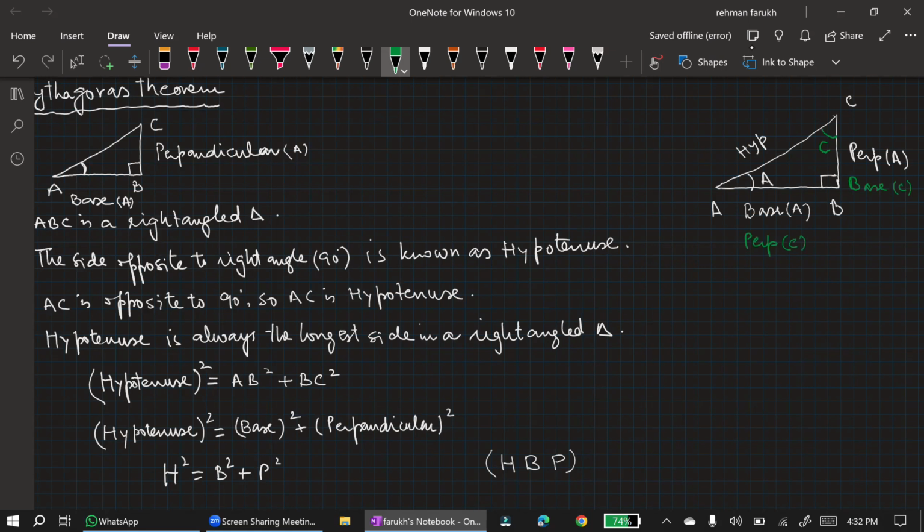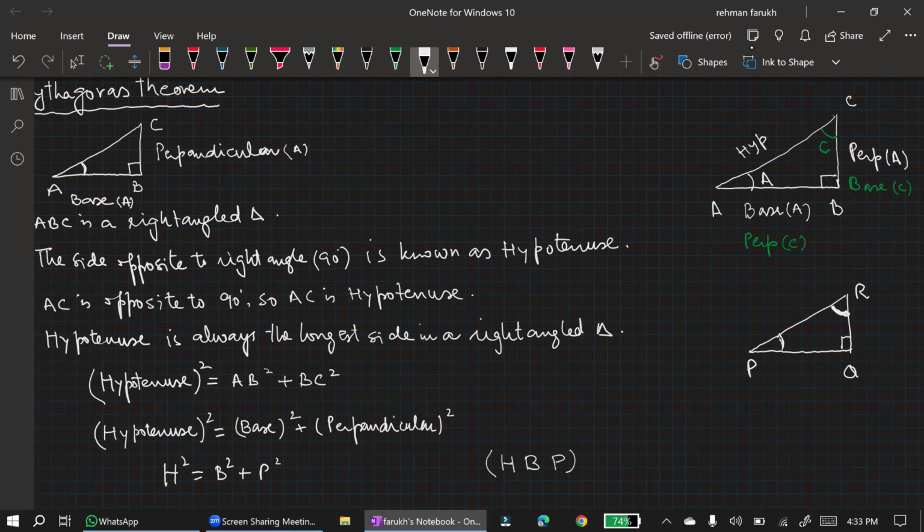Which angle are you considering? Angle A or angle C? Look at this triangle PQR, and consider the angle R. According to R, which side is perpendicular?